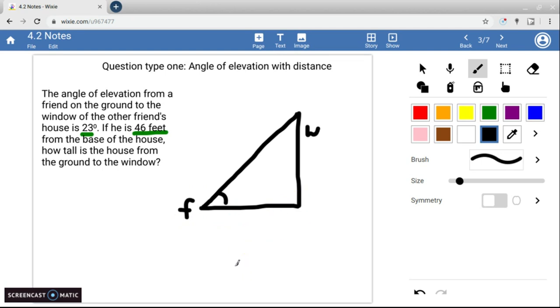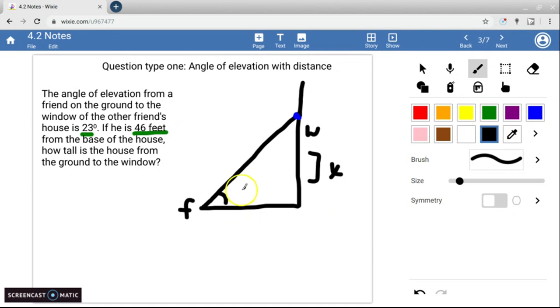What we're trying to find is how tall the house is from the ground to the window. Let's say maybe the house does go on further, but at this blue point is where the window is. So as far as the triangle goes, that's what it is. So this length is what we want to find, x.